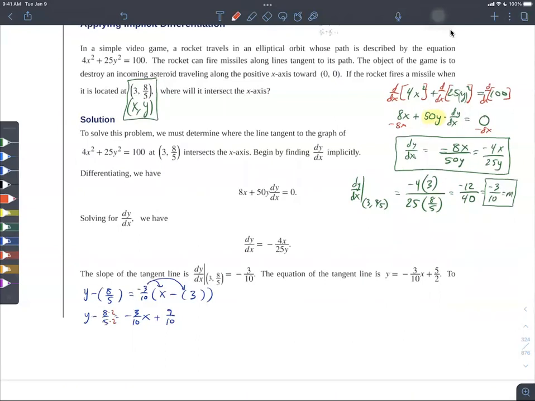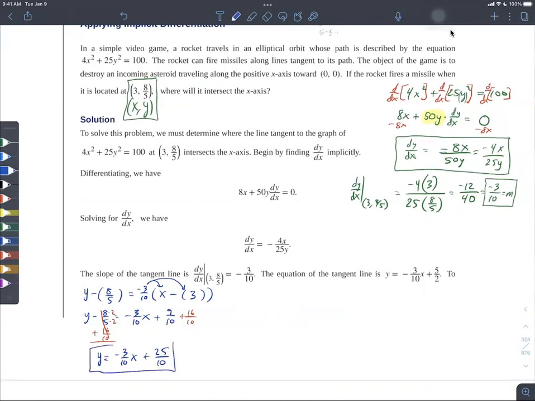So that's going to be negative 16 over 10, which we will add to both sides to cancel out the negative 16 over 10. We add positive 16 over 10. And so we have our equation as y equals negative 3/10 x plus 25 over 10.